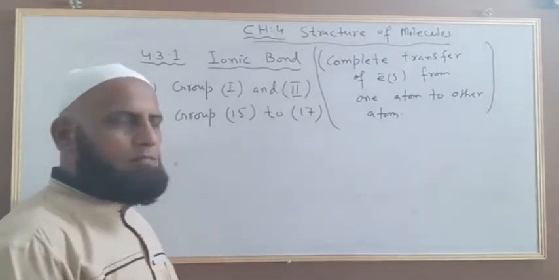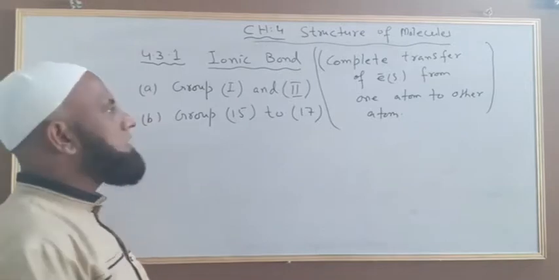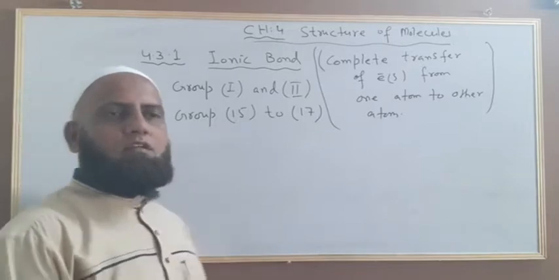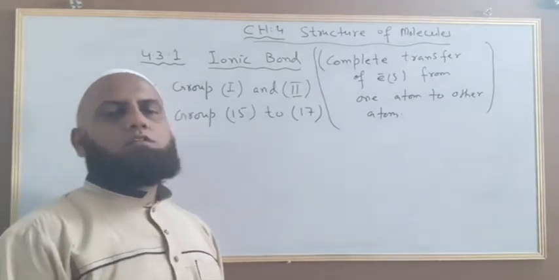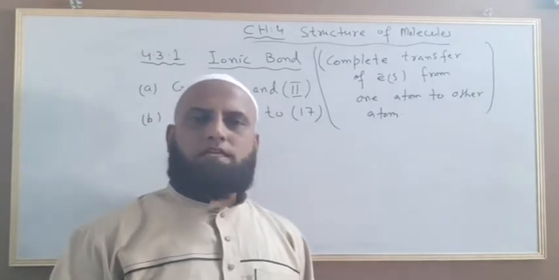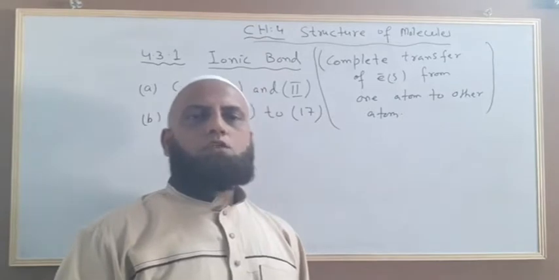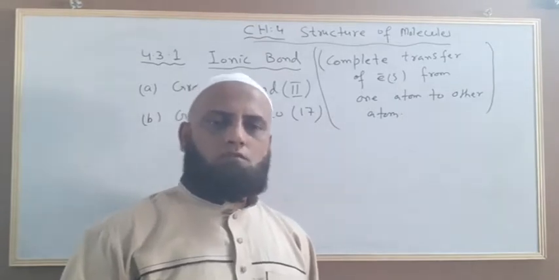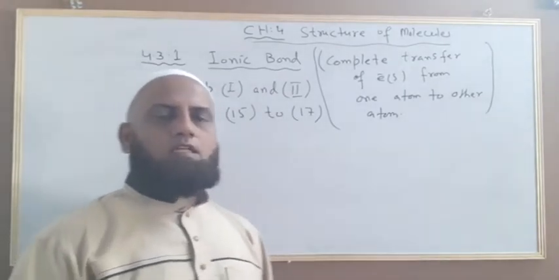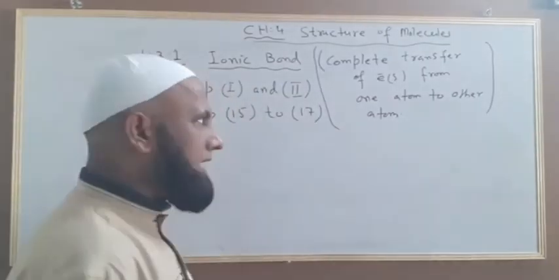For the sake of stability, in case of group 1 and 2 elements, they have 1 and 2 electrons in their valence shell respectively. That's why they have a tendency to lose their outermost electron, and thus they attain the electronic configuration of the nearest noble gas.